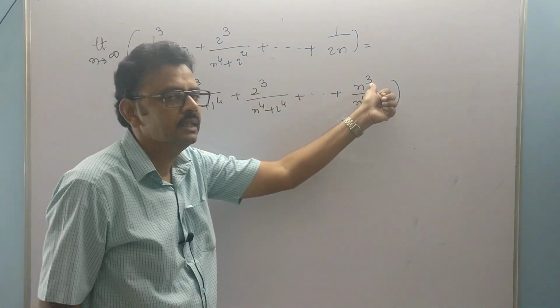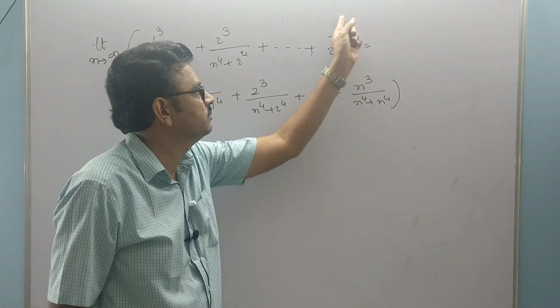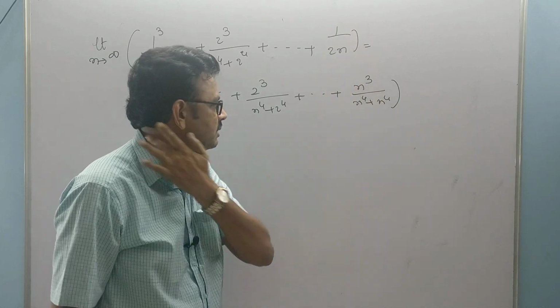This is n cube by 2n power 4, which is 1 by 2n. So this is the last term.